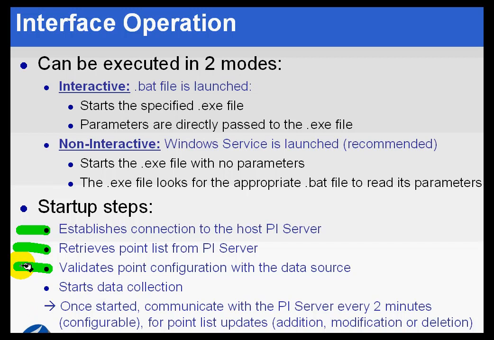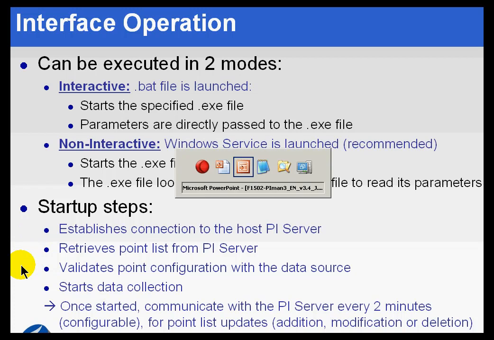So in other words, if the point database says that on this particular Bailey data source there's a location at this particular memory address that we need to read, then we're going to validate that with the data source. We'll check that memory location, and if there's any kind of problem, we're going to write a message into the pipc.log.